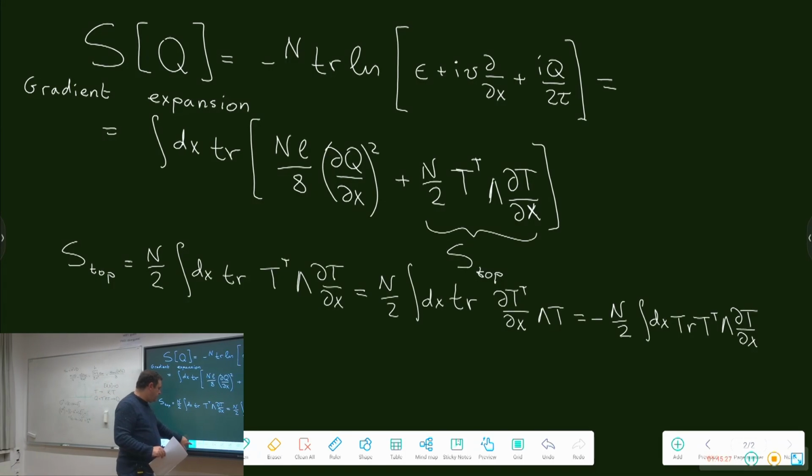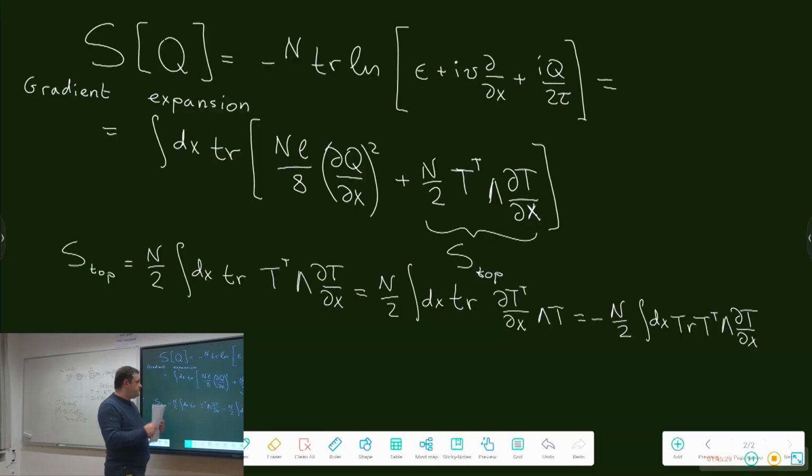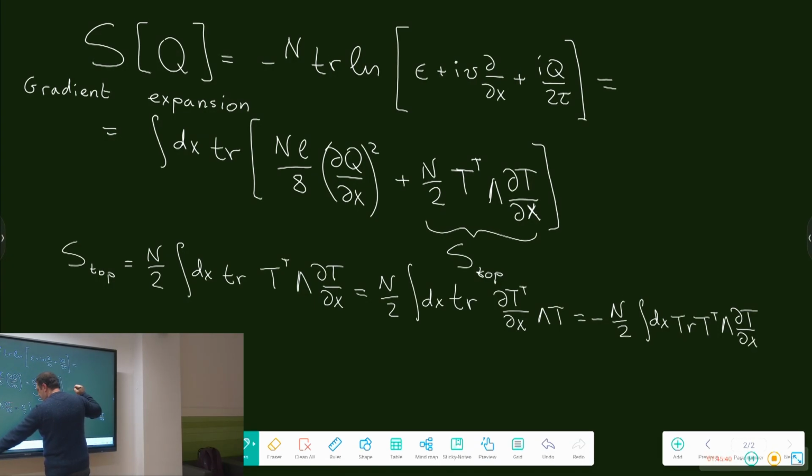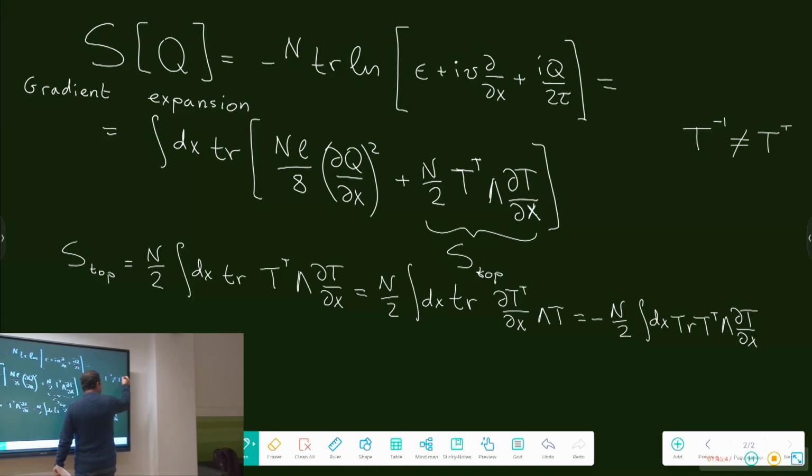Yeah, actually, how shall I formulate this? This is wrong. T, oops, sorry. This is the caveat. T inverse is not equal to T transposed.